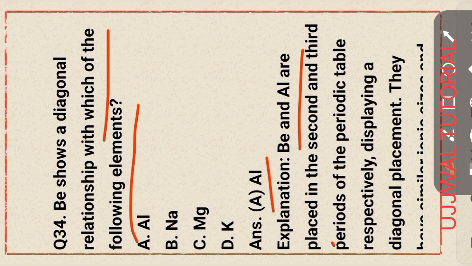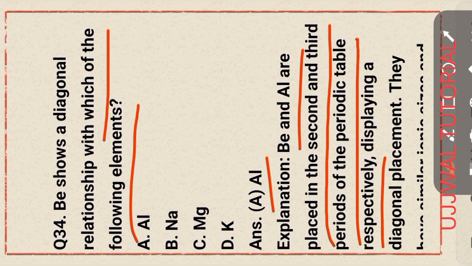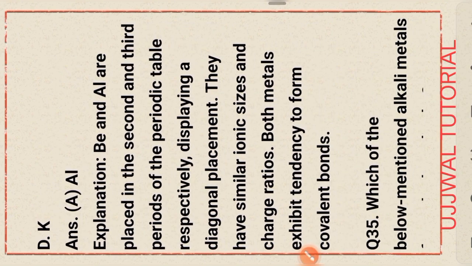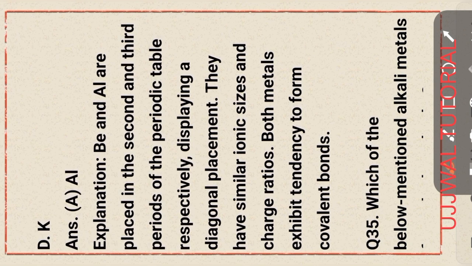Beryllium and aluminium are placed in the second and third period of the periodic table respectively, displaying a diagonal placement. They have similar ionic size and charge ratio. Both metals exhibit a tendency to form covalent bonds.